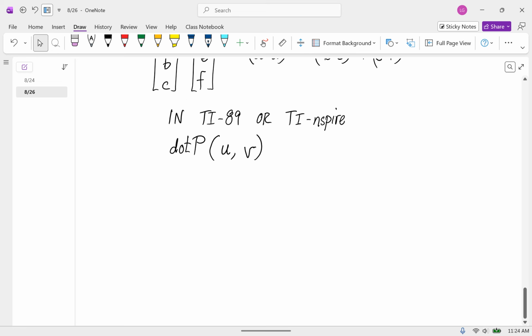The second one is going to be more important to us. We're going to use it all the time. This is the cross product. Which also you sometimes hear called the vector product.